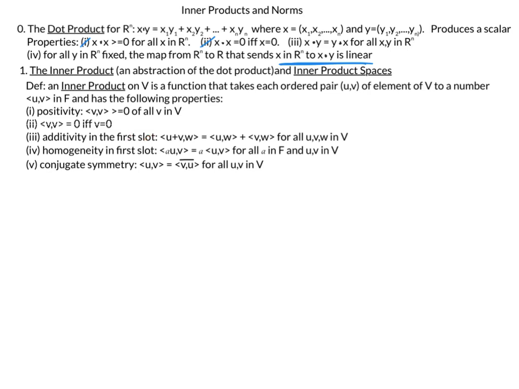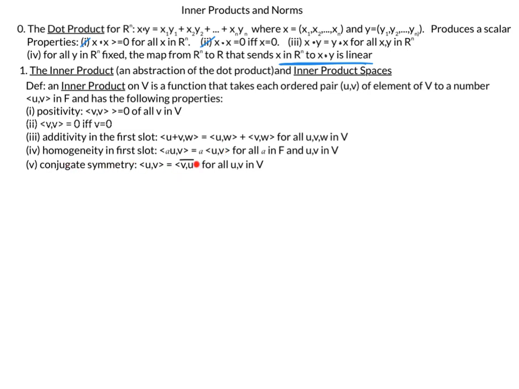So additivity in the first slot: when you have the inner product of u plus v with w, that will equal the inner product of u, w plus the inner product of v, w. Homogeneity in the first slot is when we have the multiplication by a scalar alpha times u, inner product with v, is equal to the scalar alpha times the inner product of u and v.